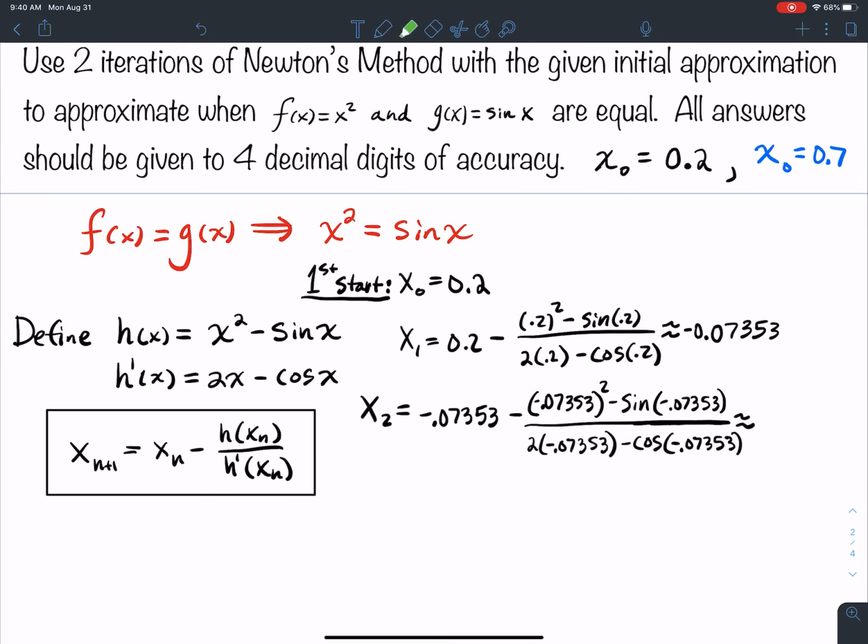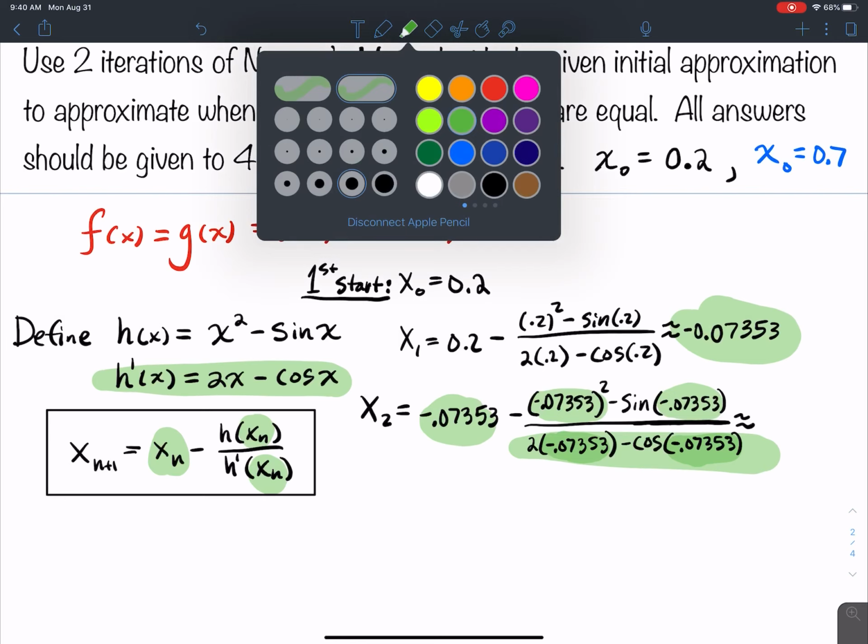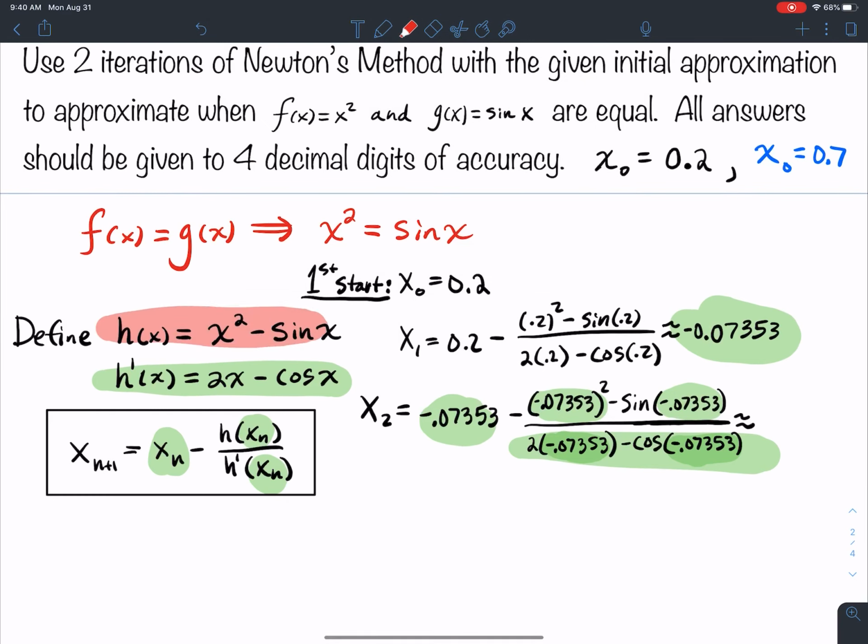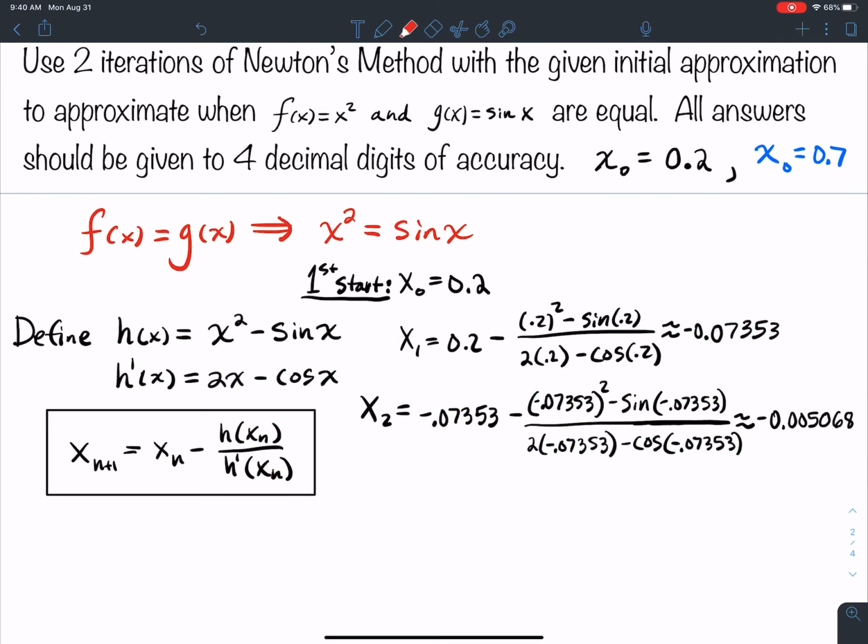And then for x2, I take this value and plug it in everywhere I see x in the formula: the derivative on the bottom, and the top function, plugged in with that x value from x1. That gets me a new value here.